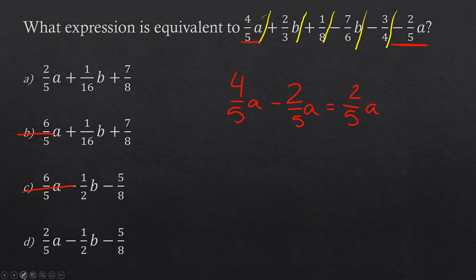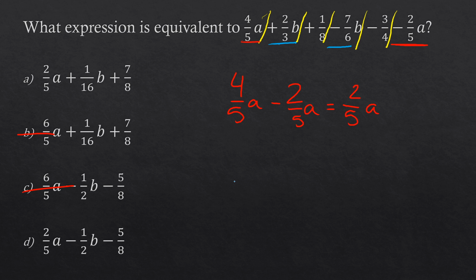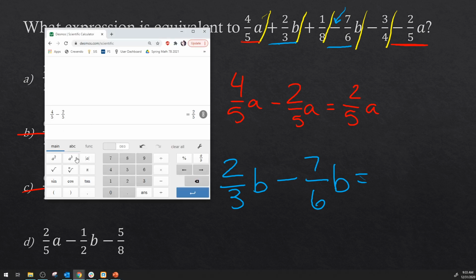All right, so let's do the next ones, which is 2/3, and this 7 over 6. So I have 2/3 B minus 7 over 6B. And again, I know I'm subtracting because of this minus sign that goes with my term. These ones don't have common denominators, so this is a good time to use our calculator.